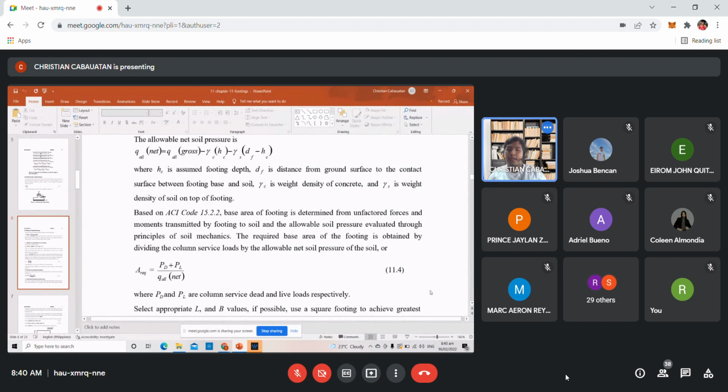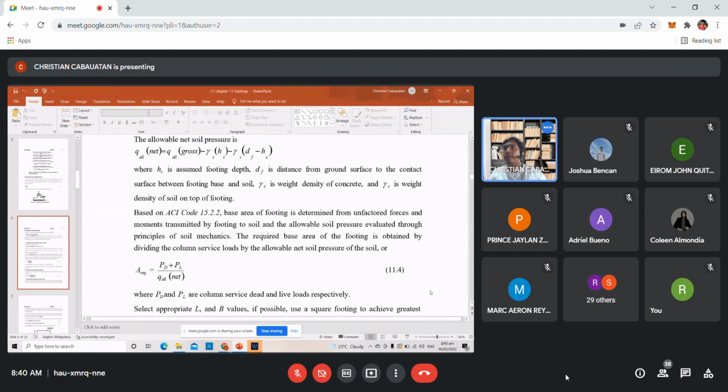Okay? So, the PD and PL, they are the service dead load and live load respectively. Sometimes you would use 1.4, 1.6, 1.2, and 1.7. So, maiintindihan nyo naman yan.